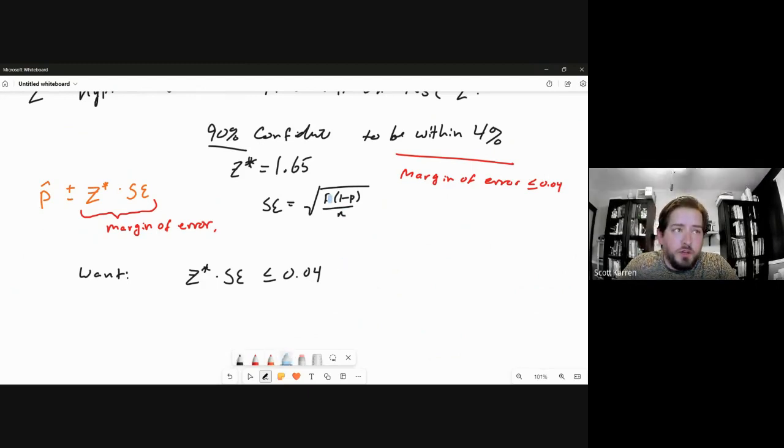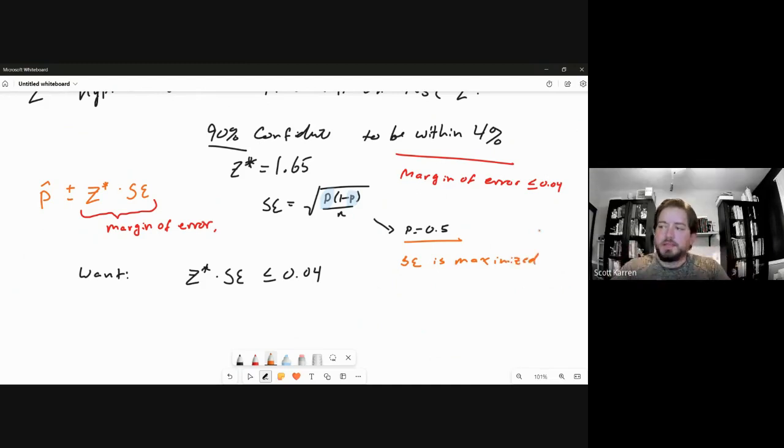Now the trick here comes because we don't know what p is, right? In order to get all of our bases covered, we're going to use p equals 0.5, because in this case the standard error is maximized.